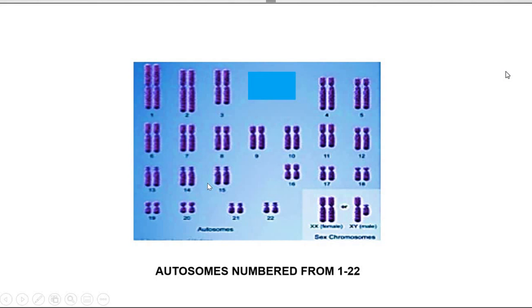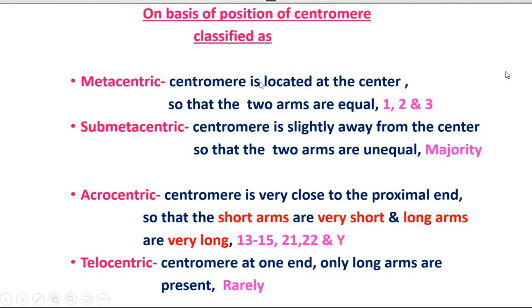Now, classifying by the position of the centromere, metacentric is where the centromere is located at the center such that the two arms are equal.